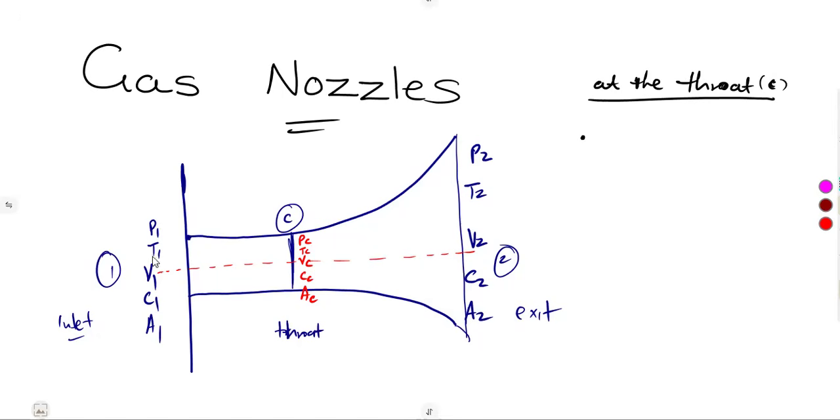So we're going to work with the pressure. PC is equal to P1 into 2 over gamma plus 1, to the exponent, as it is on your formula sheet. I left P1 out, sorry, it's supposed to be P1. We use gamma if we are working with gases. Remember, we were talking about the adiabatic expansion.